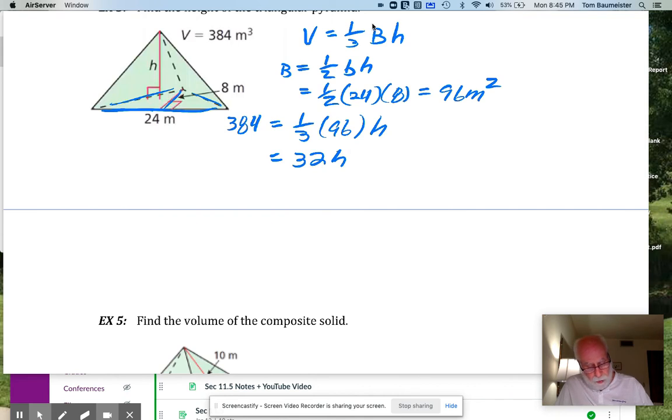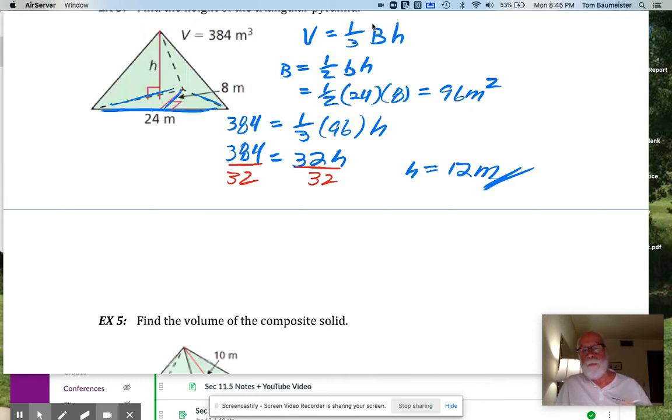And that will equal 384. And divide both sides by 32. And that will give us H is equal to 12 meters.